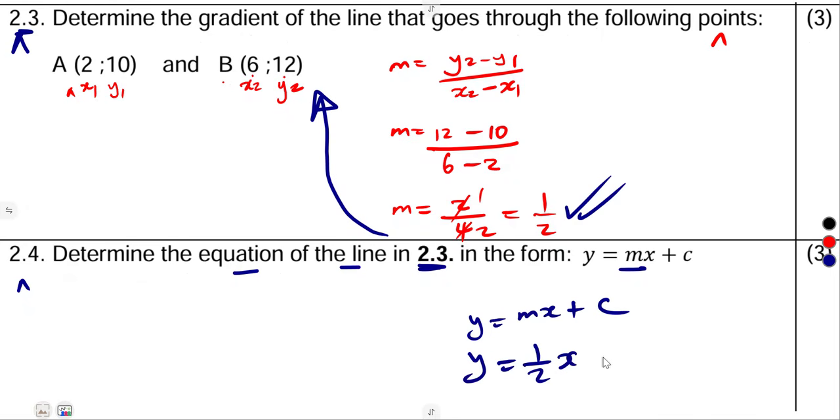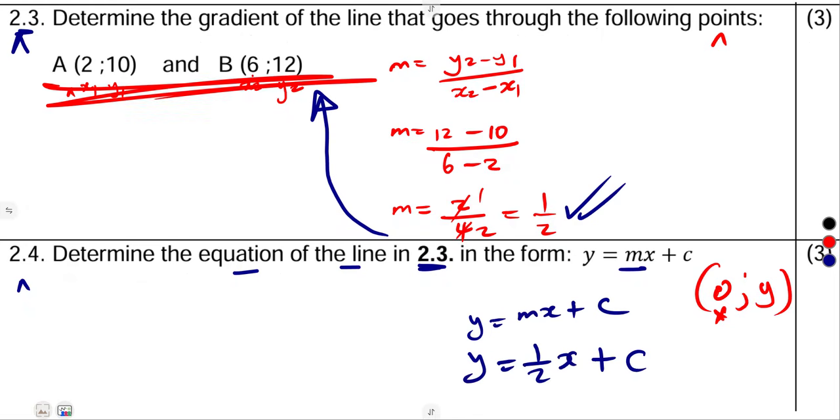So that's 1 over 2 x plus c. So c is the y-intercept, which can be taken from the point if x is 0. Then we've got the y value there. But we do not have that. So we cannot substitute to say our y-intercept is 6 or is 7 or what.